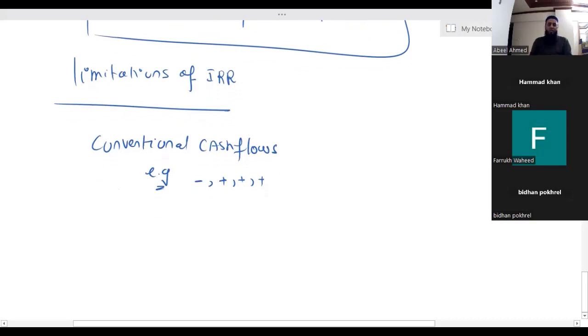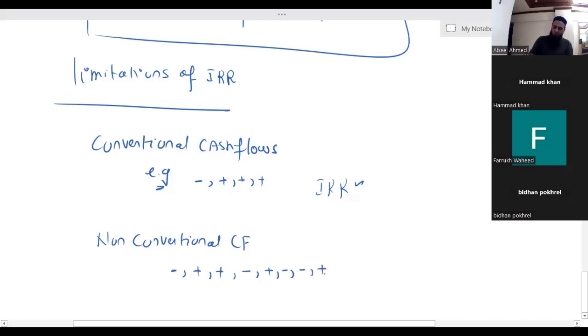Now listen, if the project has conventional cash flows, then you can easily calculate IRR, no issue at all. But non-conventional cash flows means, let's say, you have inflows and then again an outflow, inflow, outflow, outflow, inflow, outflow.